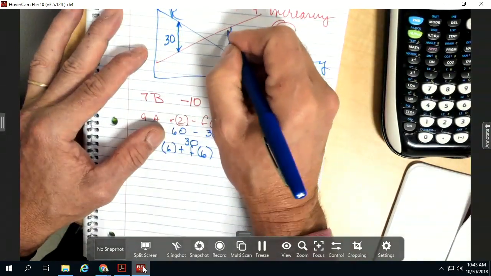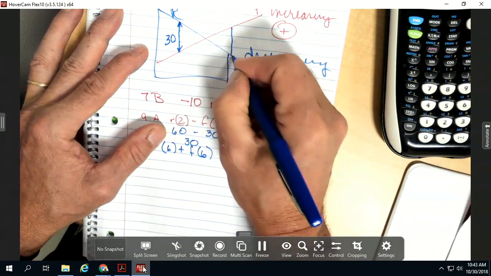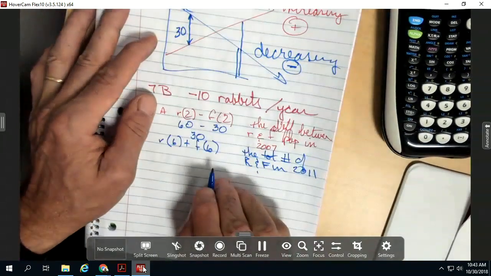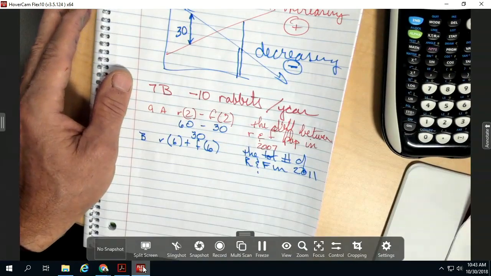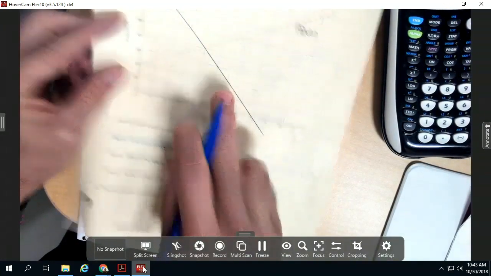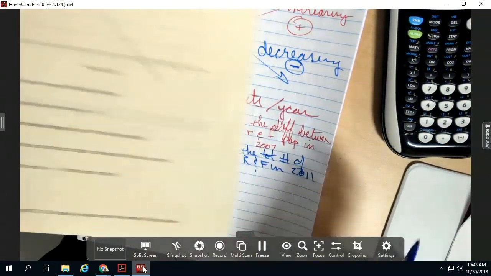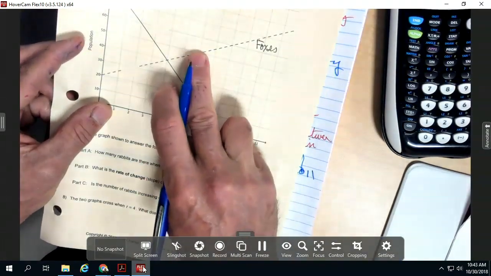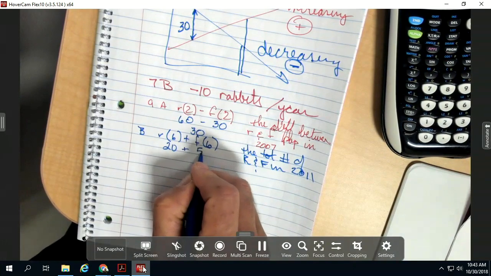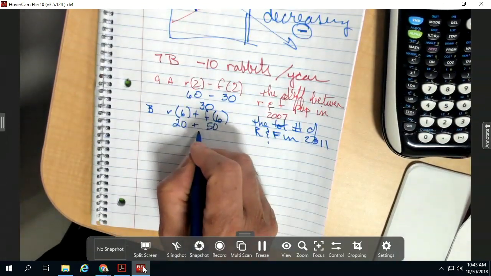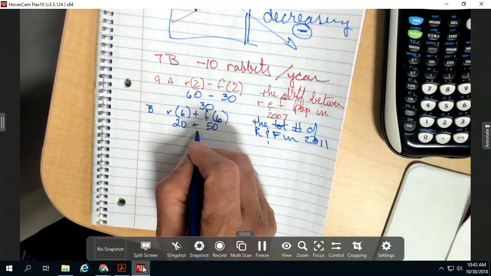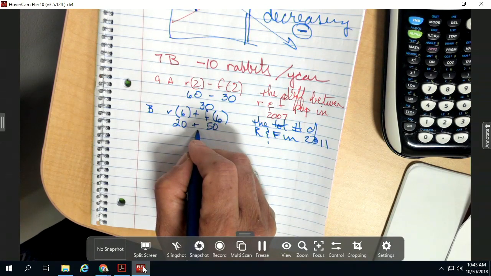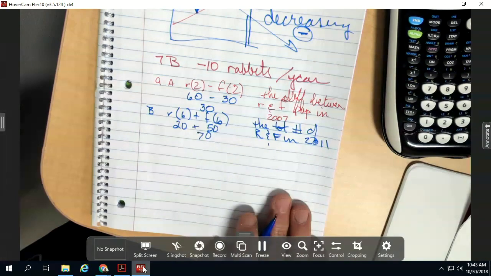If we add those two numbers together. Well, rabbits in year 6 is 20. Foxes in year 6 is 50. So the total was 70.